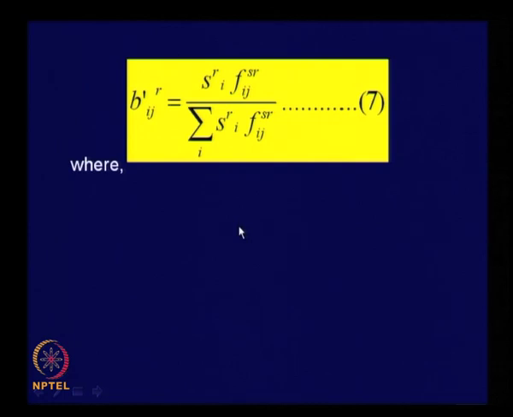So we can write B dash ij r, where r refers to the type of service, is equal to S_r I F_r ij divided by the sum of the same as we have shown in the numerator, shown in the denominator, isn't it?